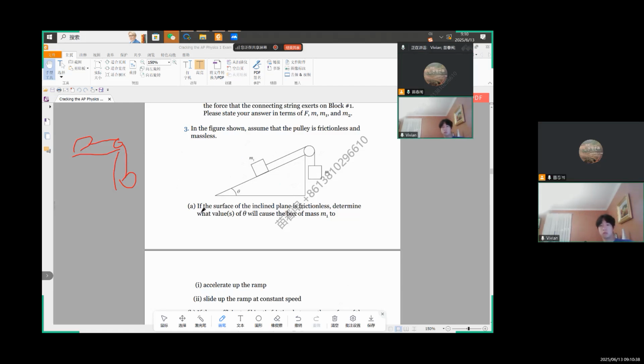The reason it's easier is because the force is going to be m2g and m1g, I mean the gravity, but that one can be transformed into m1g sine theta. Does that make sense?